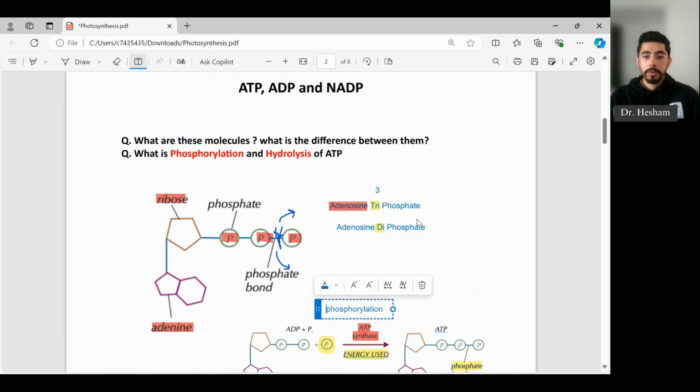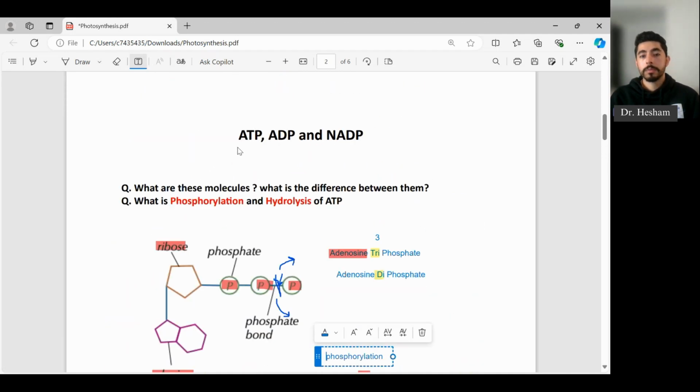All right, now we know the meaning of the term ATP and ADP. What about molecules like NADP and NAD and NADPH and NADH? So maybe you've heard about these molecules, and they are also very important in respiration and in photosynthesis.